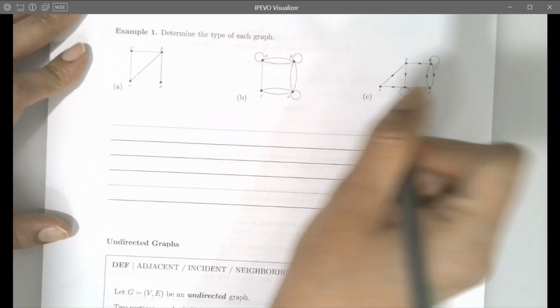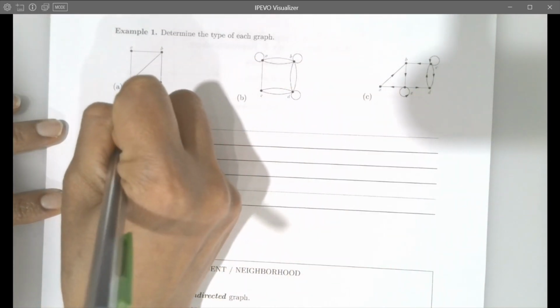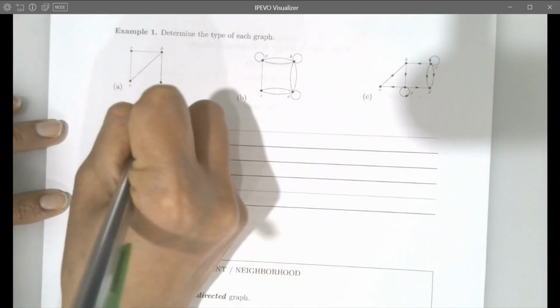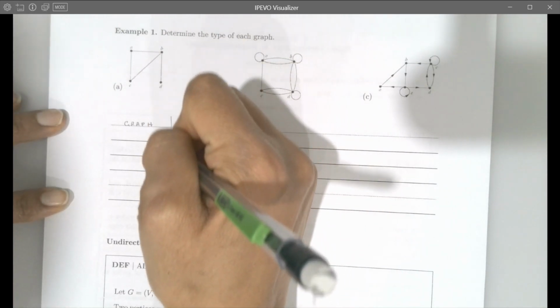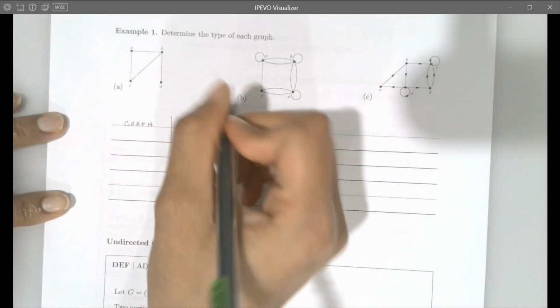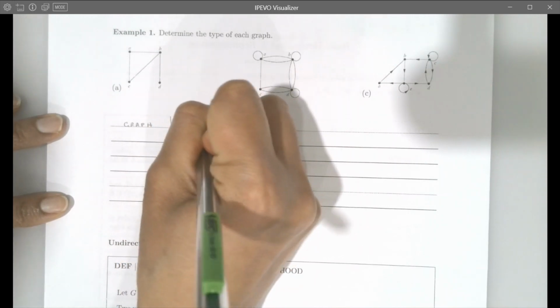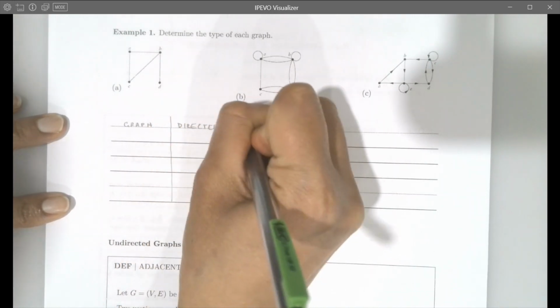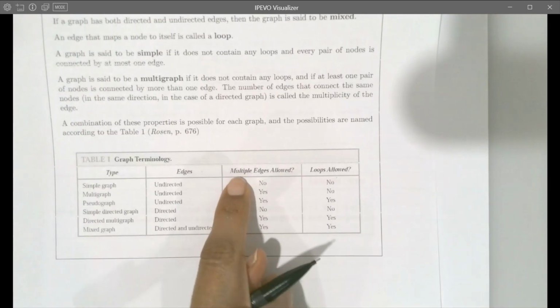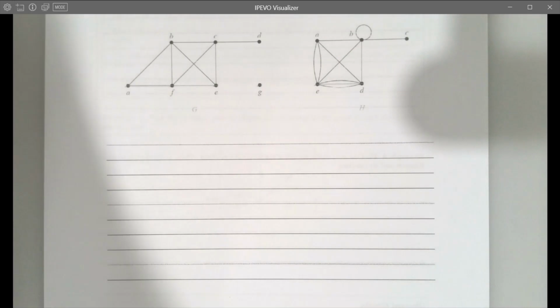One column will be for which graph we're considering. The second will be for the type of edges, directed or undirected. The third will be for whether or not multiple edges are allowed.